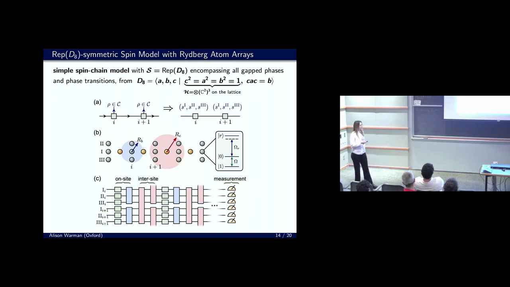Now, to simulate time evolution, given by e to the minus iHt, we can discretize time, which is called Trotterization, and then apply on-site operators, and these can be done in parallel because they're all on independent sites, and then inter-site ones in 2 steps. Here, this is between i and i+1, this is between i and i-1, and simulate all these Hamiltonians.